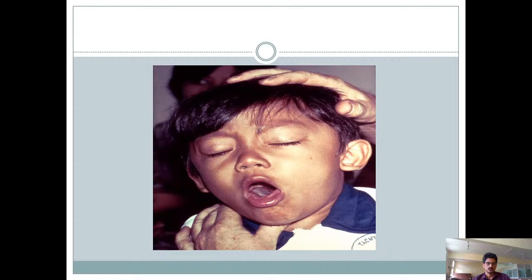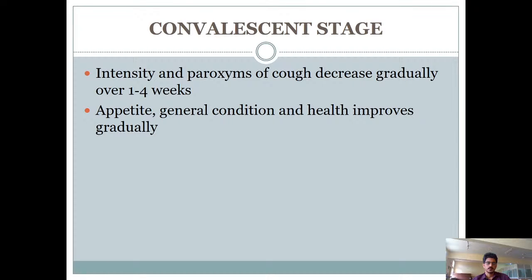So this is a picture of whooping cough, where the child feels like he's choking because of the intense cough, and because of the cough there can be fractures of the rib and conjunctival hemorrhage. So you can think of the intensity of the cough. In the convalescent stage, the intensity and paroxysms of the cough decrease gradually over 1 to 4 weeks.